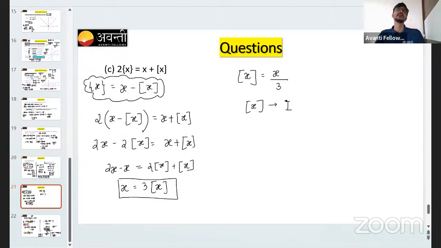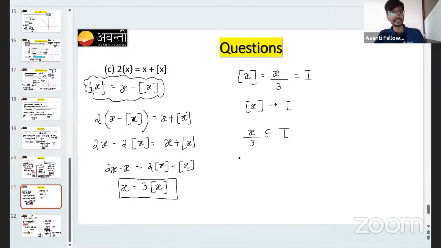Integral answers means 0, 1, 2, 3, 4, 5, 6, minus 1, minus 2, minus 3, minus 4, minus 5, minus 6. So that means if step of x gives integral answers, so x upon 3 should also give integral answers. That means x upon 3 should be an integer.